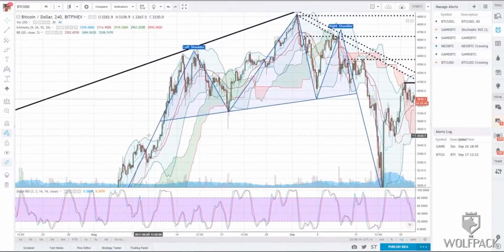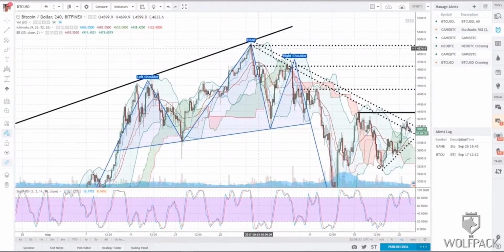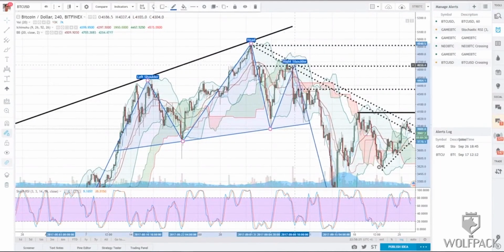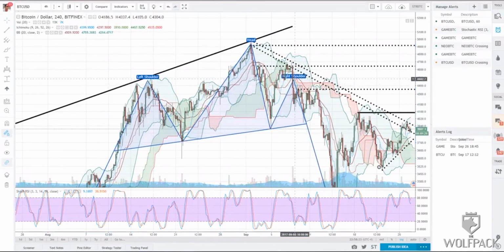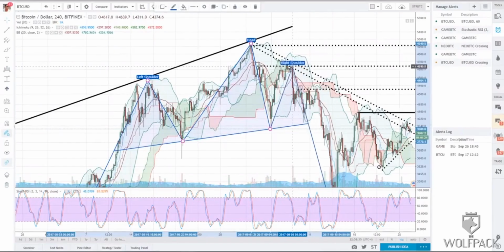Anyways, so you have the arm, then the left shoulder, right? Once it reaches a point, usually on a nicer, cleaner head and shoulders, it would be like a perfect one, where the right shoulder would be equivalent to the left shoulder in terms of height. This one isn't. This one went up a little bit higher, but it still fills out the pattern in my books.